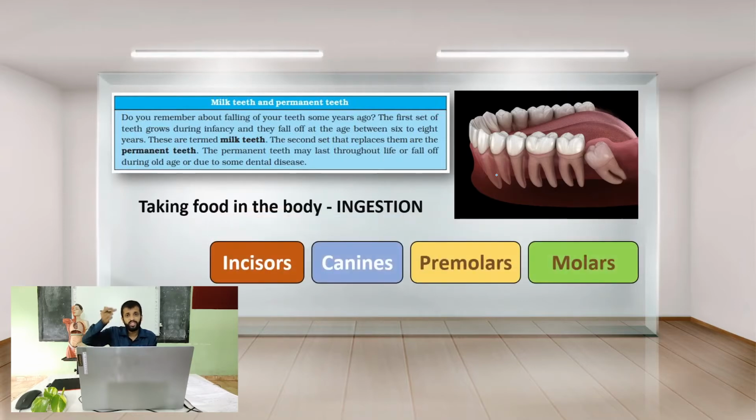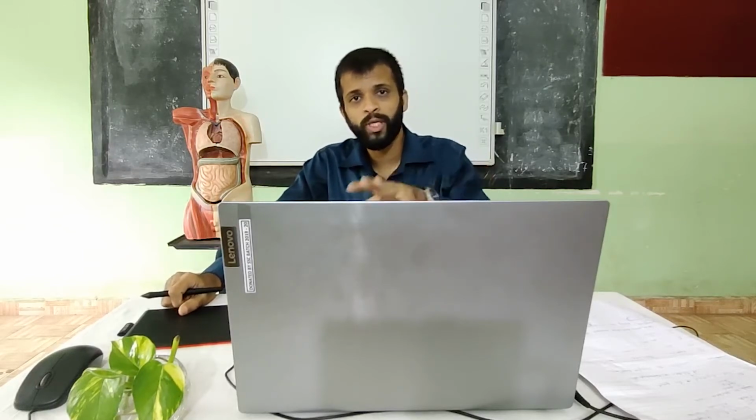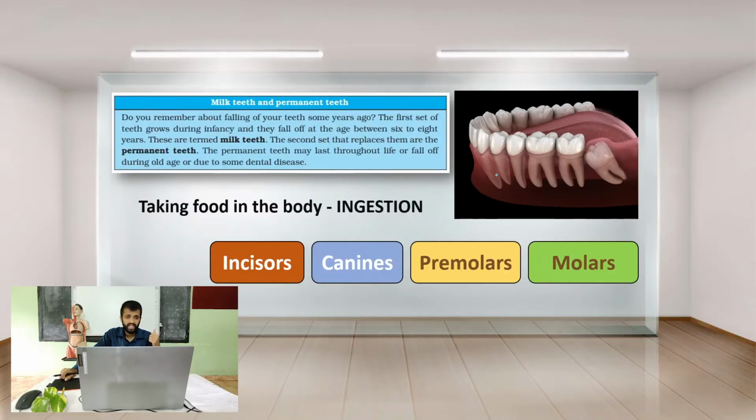Now, after ingestion has taken place, you don't directly swallow that entire laddu, right? You bite it. So for that, you make use of your teeth. Now, how many kinds of teeth do you have? You have 4 types of them. They're called incisors, canines, premolars, and molars.